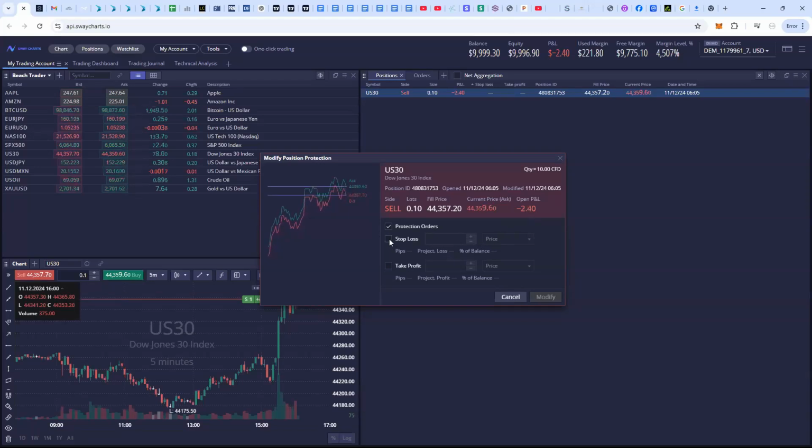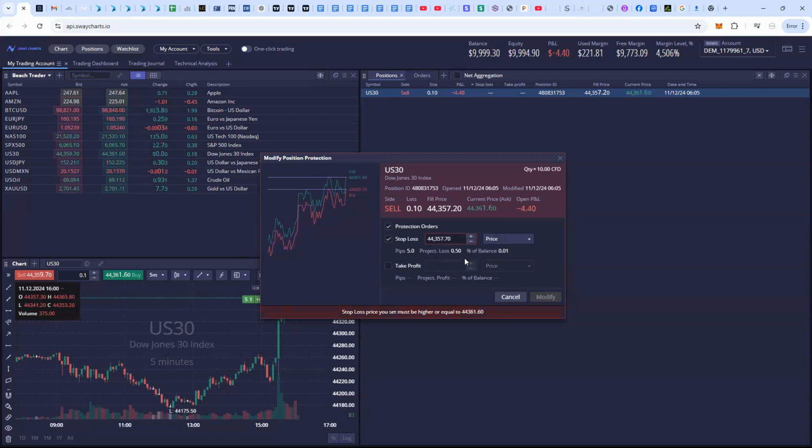Now we could put a stop loss on. So to put a stop loss, when you click on it, you hit right here, and you might want to say, how much do you want to lose? See, if we put the stop loss on right here, 5 pips away, which means we would lose 50 cents. 5 pips times 10 cents equals 50 cents, right? So we would lose that. We don't want to do that because it would end the trade already.